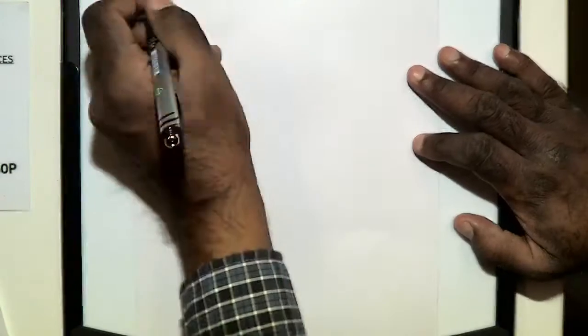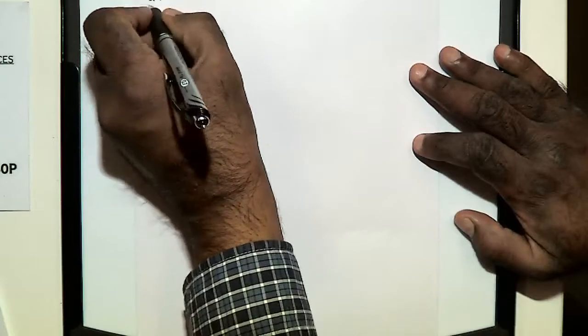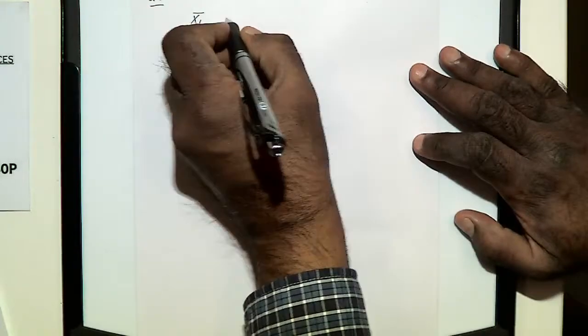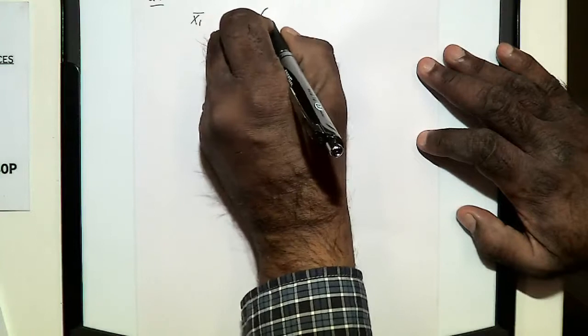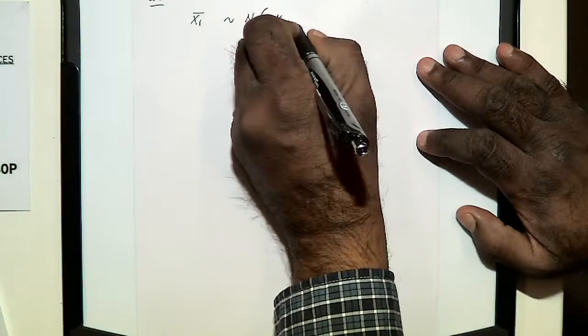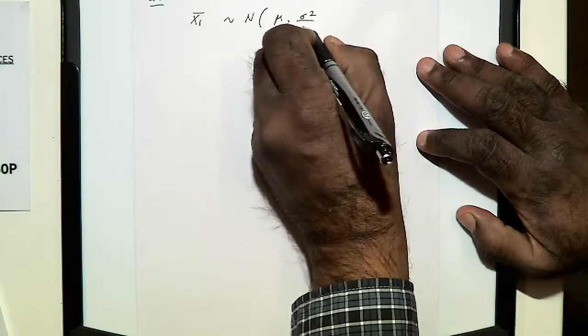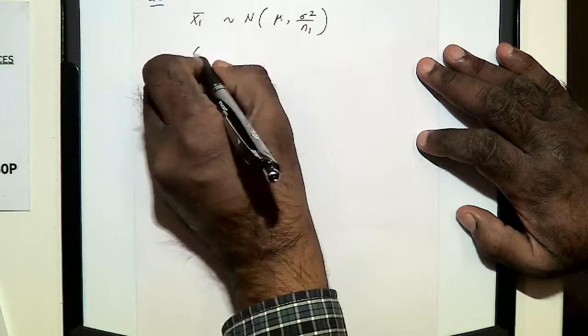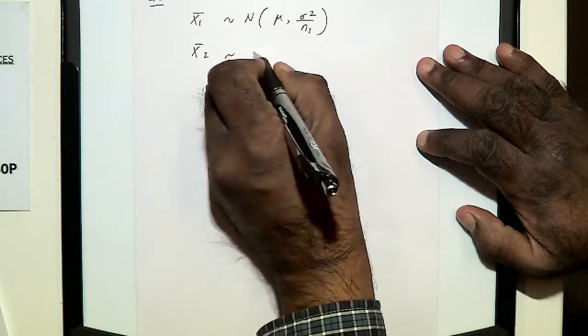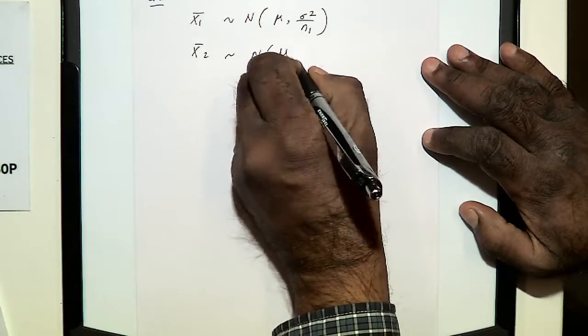So using the property that I just mentioned, x bar 1 will be normal with parameters mu and this one, right? And x bar 2 will be normal with these parameters.